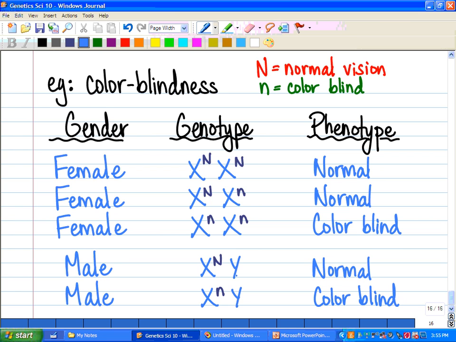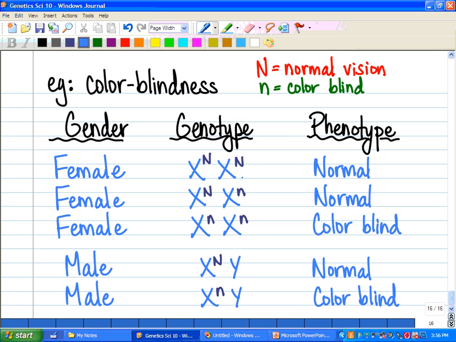So hopefully you can see from this that males are more likely to be colorblind, because if they get only one copy of this recessive allele, one lowercase n, boom, they're automatically colorblind. There is no chance to have a capital N to dominate over the lowercase n.